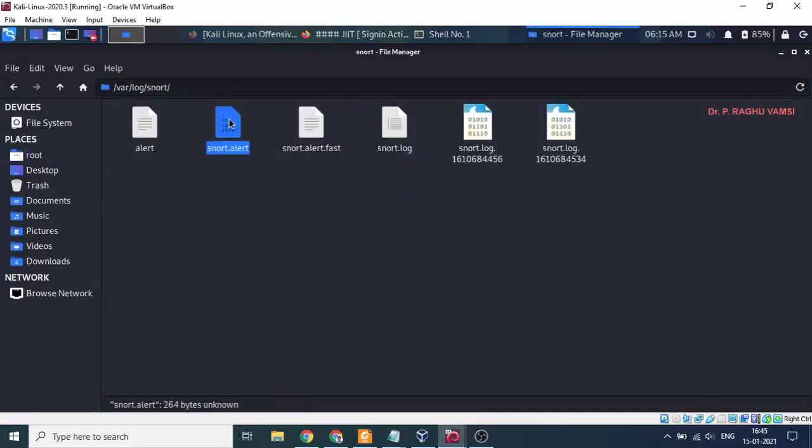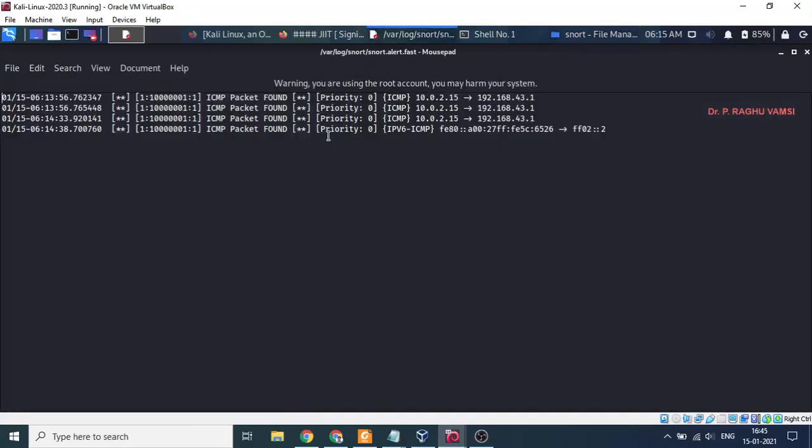See, alert is not alert fast. Some data was recorded, I think 467 bytes were there. Previous data is deleted. So here no specific data was found. ICMP packet found, 10.0.2.15 to 192.168.43.1.